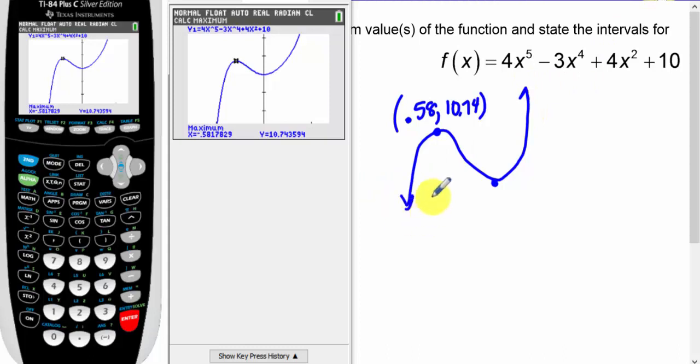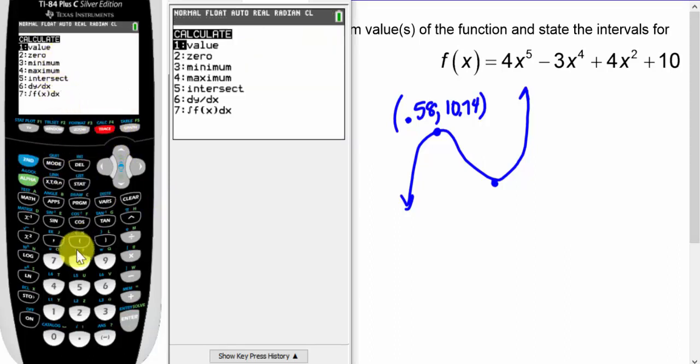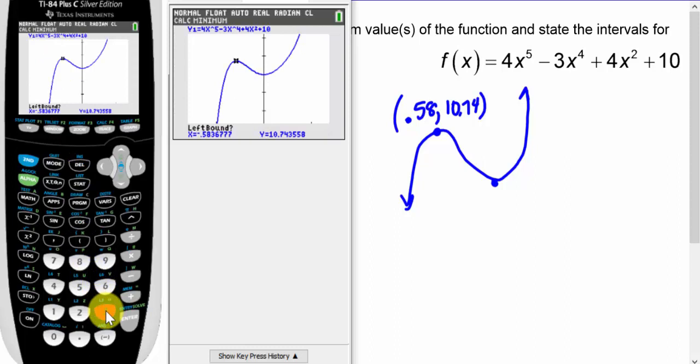And so what I've done is I've drawn a relative picture of that graph, and I've put in that point right here. Now we have to find this relative minimum, so we're going to do the same thing. We're going to go second, calculate, and instead of finding a maximum, we're going to find this minimum. So I hit 3. There's my blinker guy again. I'm going to put that to the left of the low point, hit enter, put it to the right of the low point, hit enter.